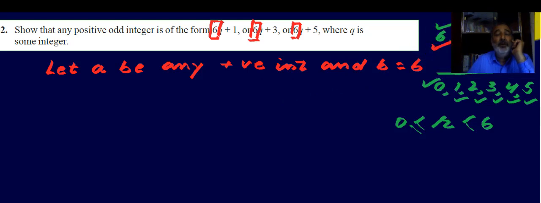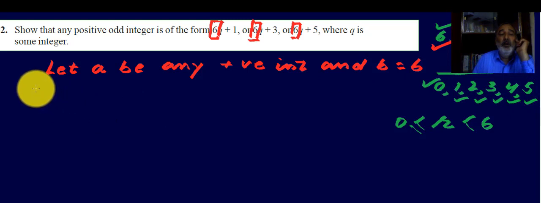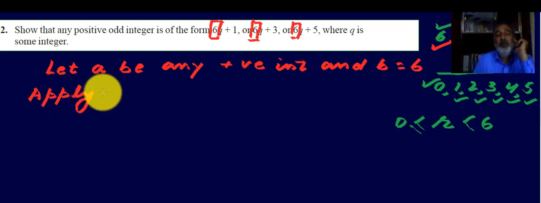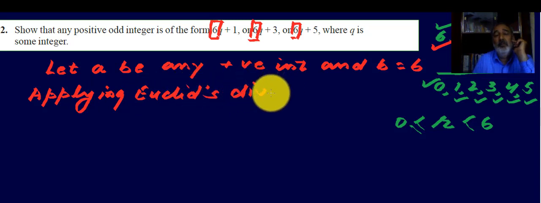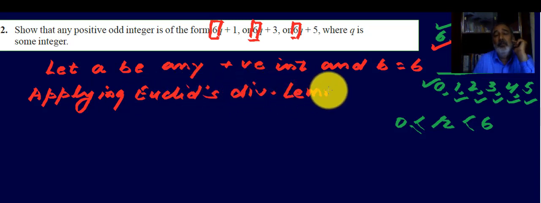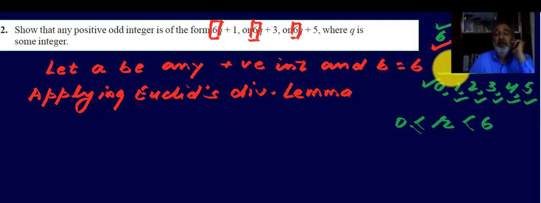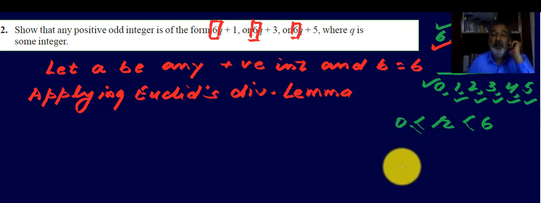The quotient will appear as q and remainder can have these 6 different values. Applying Euclid's division lemma, can you write this a in the form of Euclid's division lemma? Certainly yes.